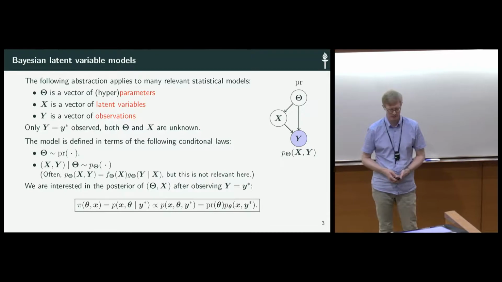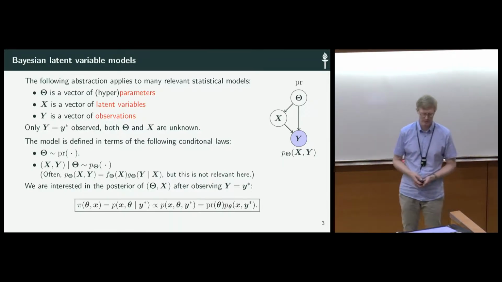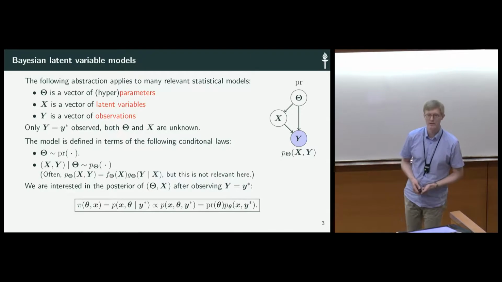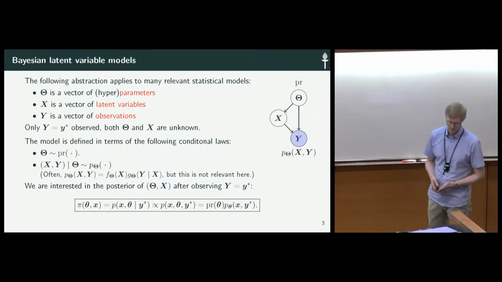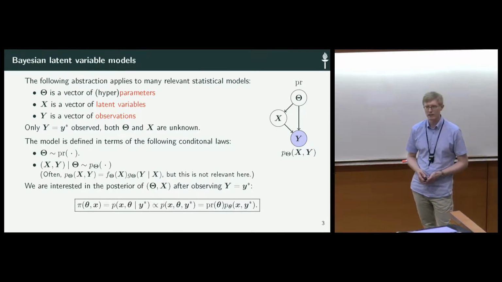And the last one is obvious because the observations will be basically observed. So we observe only the value for the random variable y, and I call the observations y star. And then basically theta and x both remain unknown, and we want to do Bayes inference.